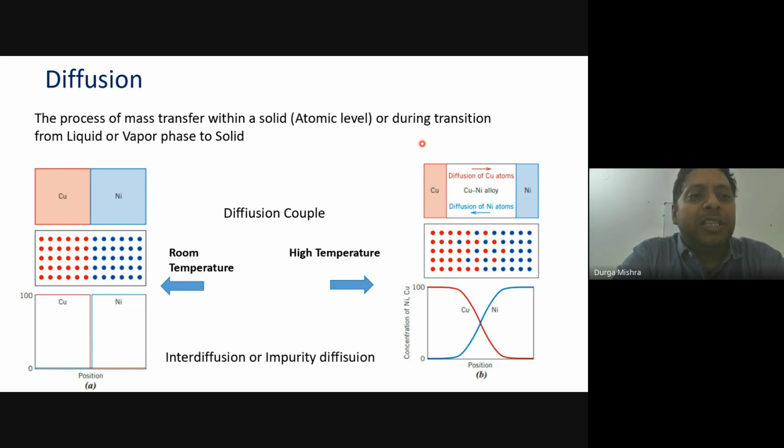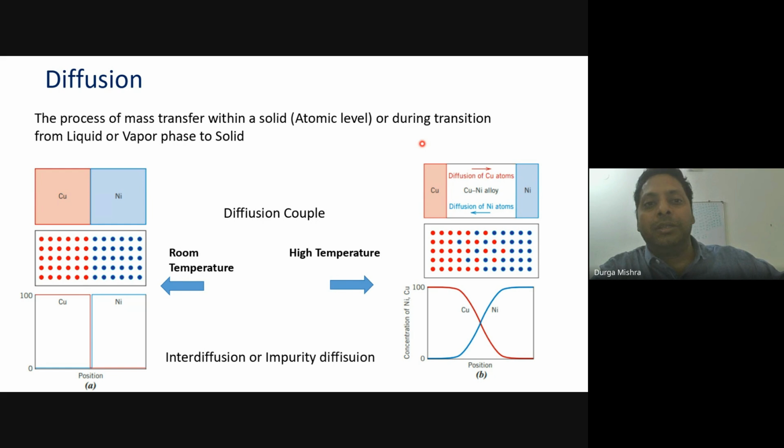Diffusion is quite common. In a gas, for example, if I have a room and I burn an agarbatti, the smoke comes from one end and spreads everywhere. How does this happen?